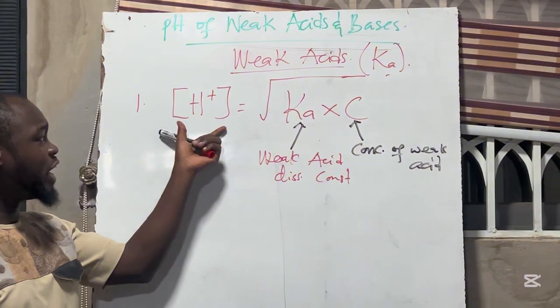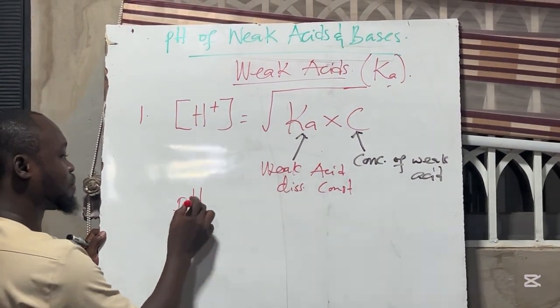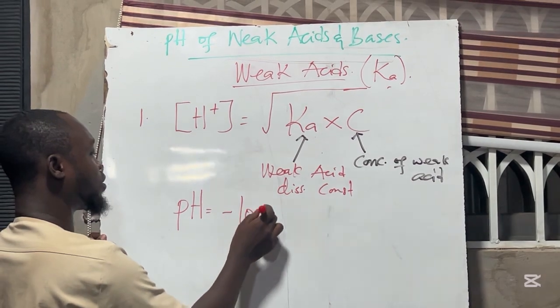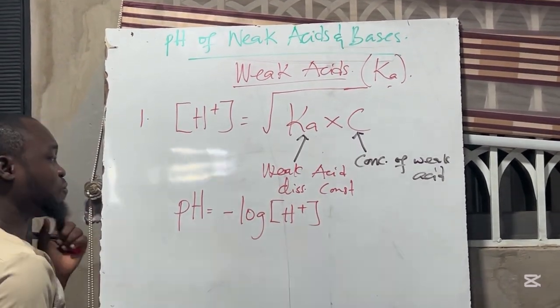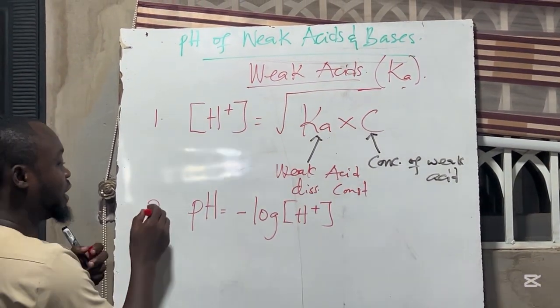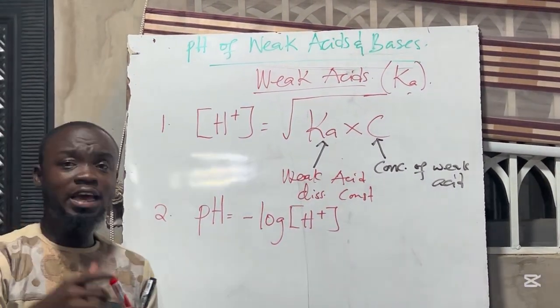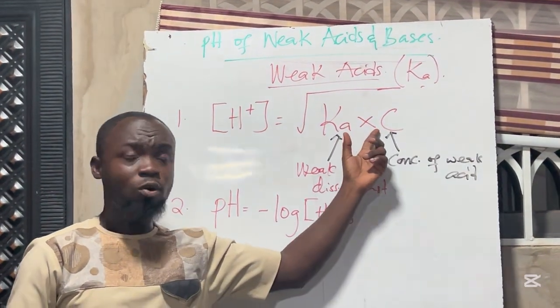So once you get your H plus ion concentration from this relation, then you write pH is equal to the negative log of the H plus ion concentration. Then you can finally calculate the pH of that weak acid. So two steps. Step one, you first of all calculate the H plus ion concentration using the relation root of Ka times C. What is the Ka?